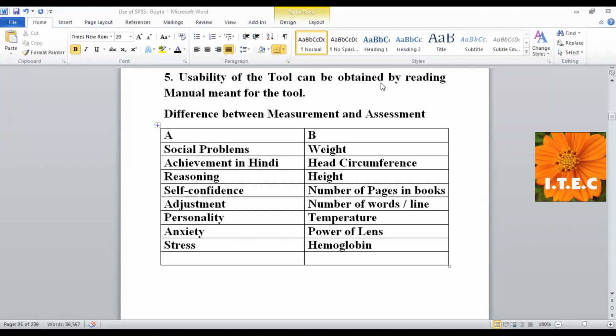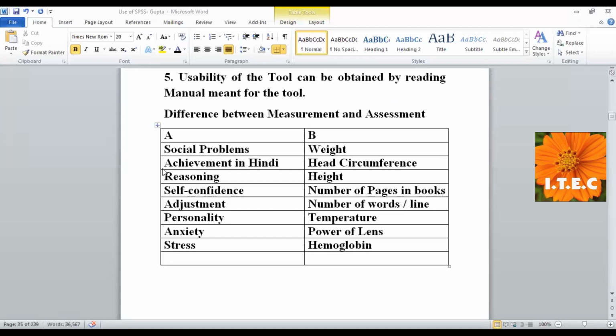Jyoti, why do you say that A is assessment and B is measurement? Why? Jyoti, why? Chauhan, you say under A column the data will be received in qualitative.